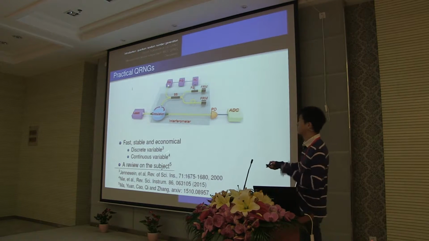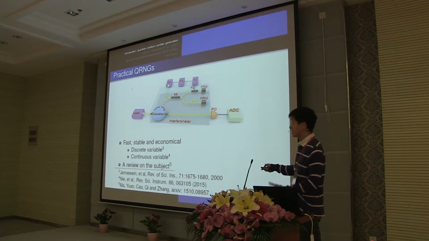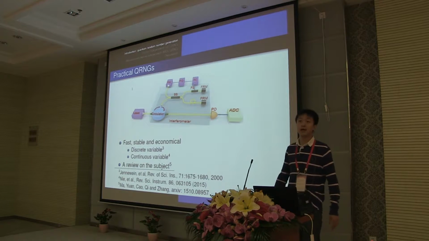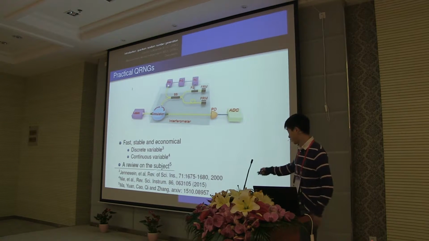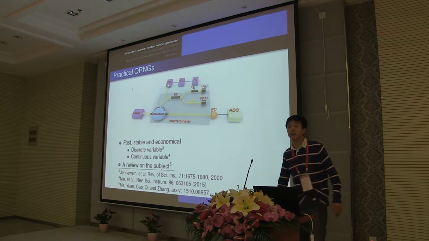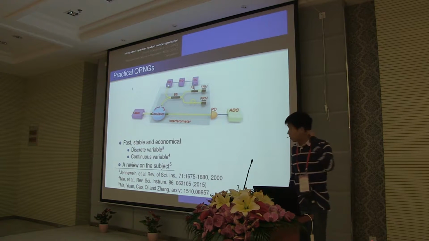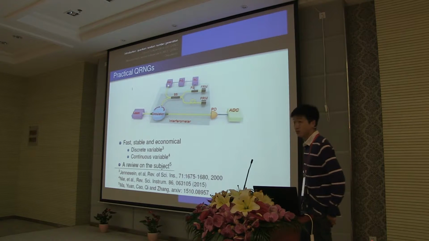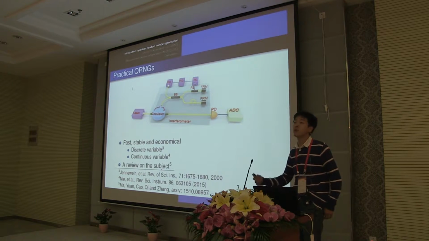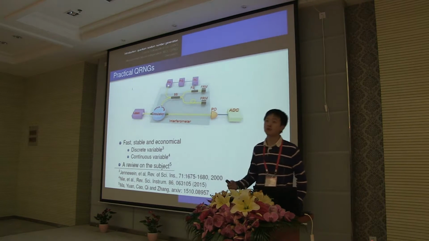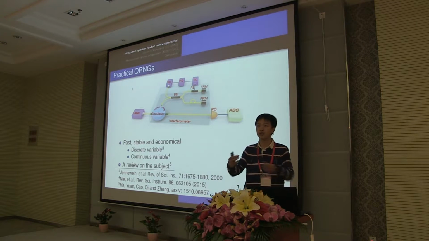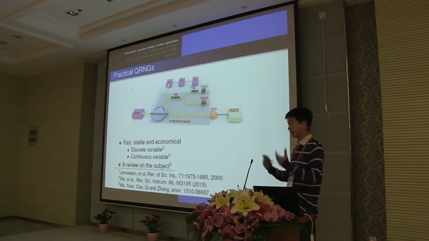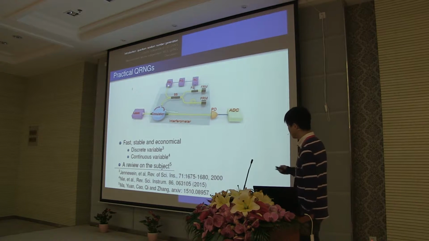So we have discrete variable random number generators, like the first one, and also we have continuous variable based random number generators, like the one done here by Professor Pan's group, and the speed can go up to 68 Gbps. So it's really fast, and also all the components in the random number generators, you can just purchase commercially. So you don't have to build single photon detectors for this kind of product.